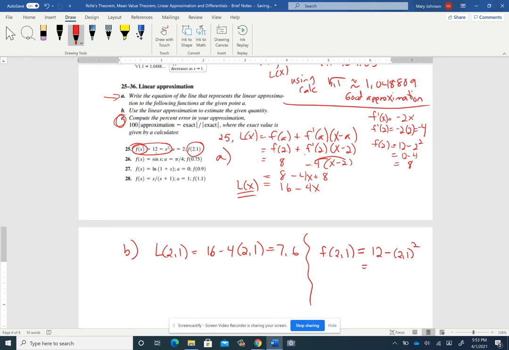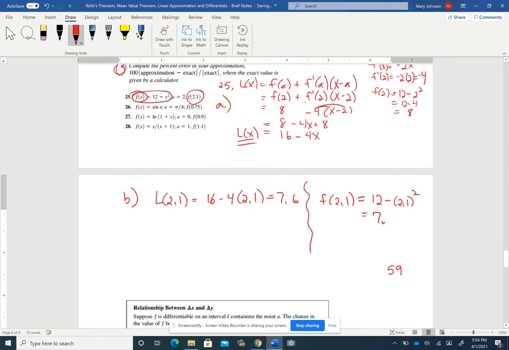So if you didn't have ready access to a calculator, the linear approximation would give you a quick estimate of the value of that. So we got 7.59 when we did it actually. Okay, so that's part B.